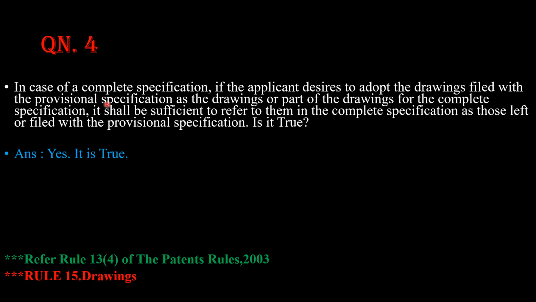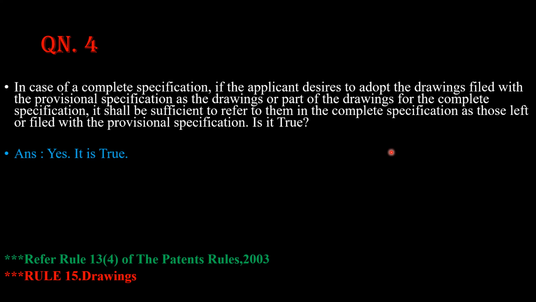Question number 4. In case of a complete specification, if the applicant desires to adopt the drawings filed with the provisional specification as the drawings or part of the drawings for the complete specification, it shall be sufficient to refer to them in the complete specification as those filed with the provisional specification. That means you don't have to repeat. If it is already mentioned in the provisional specification, then just a reference is needed in the complete specification.